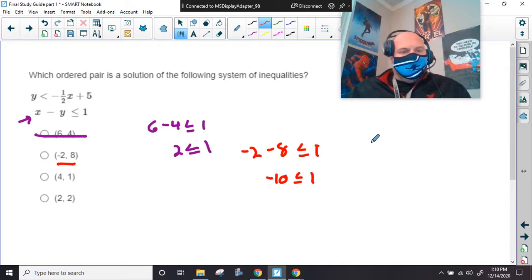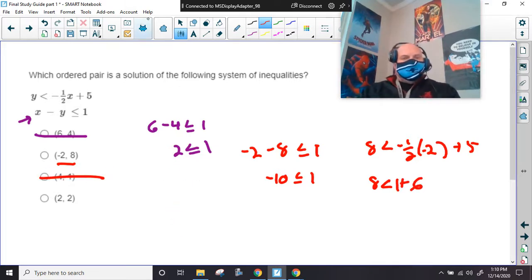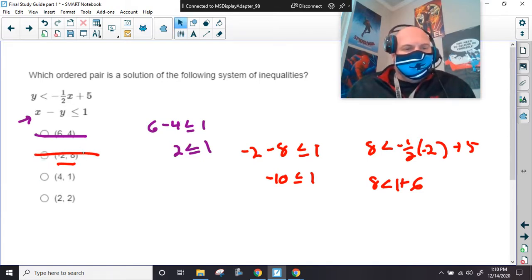So I have 8 is less than negative 1/2 times negative 2 plus 5. Well, this is 1 plus 6. So this is a no. All right. Oh, I missed.